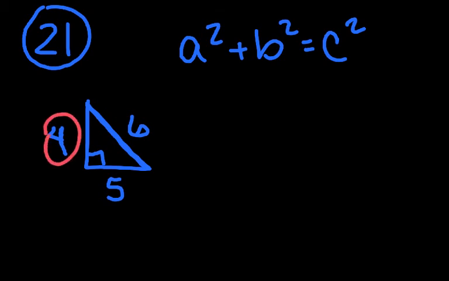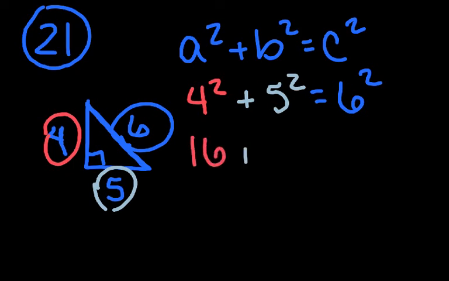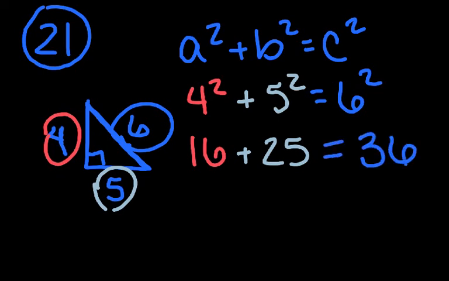You have your 4, then you have your 5, and that would have to equal your 6. 4 times 4 is 16. 5 times 5 is 25. Does that give you 6 times 6, which is 36? Obviously, it does not. It gives you 41, so that would not be your answer. So we could eliminate A.